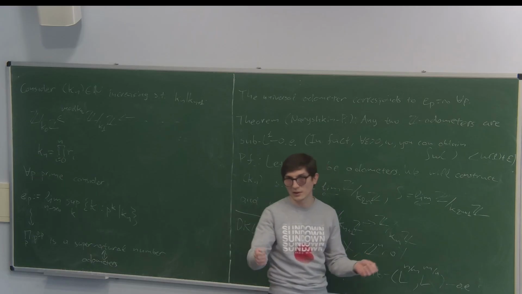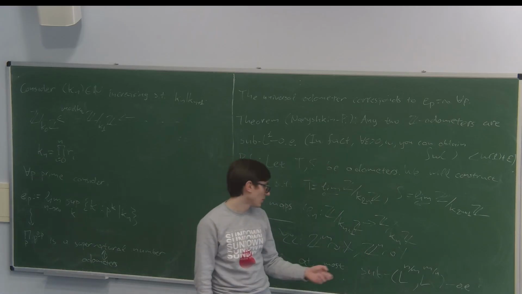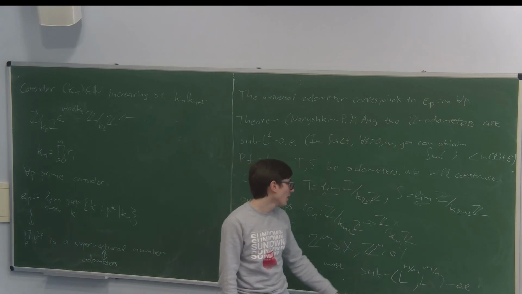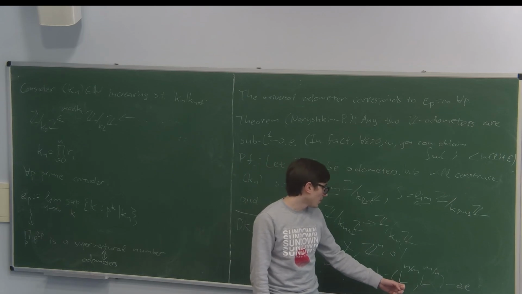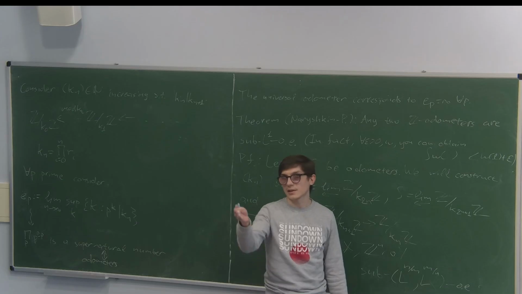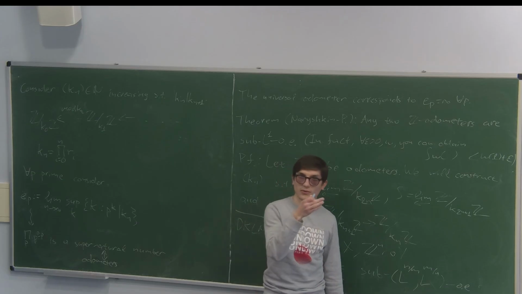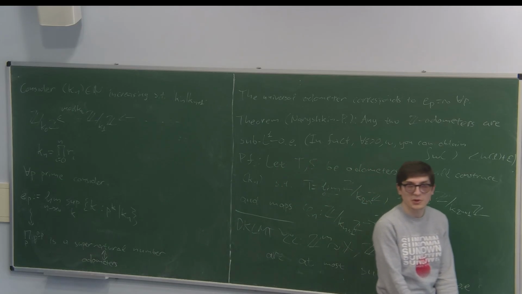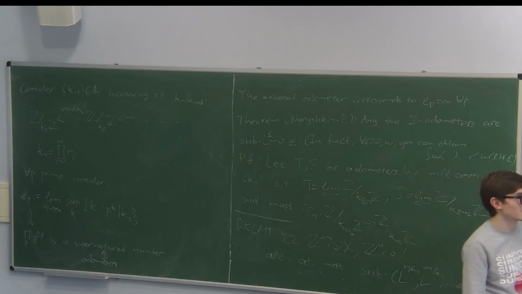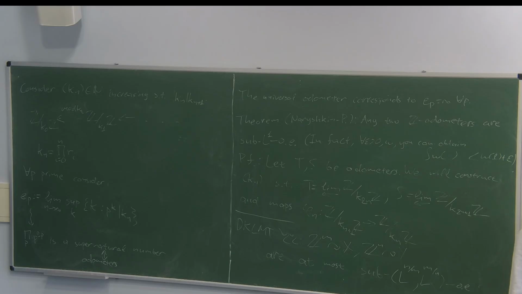You want them to be whatever, right? In this case, this would not necessarily work. Regardless, yes, in this special case of odometers that come from Z-odometers as products, I expect things to be much nicer. But of course, then it's maybe less interesting. It's a good test case. I mean, if it fails there, it certainly fails in general, but I don't expect it to fail.